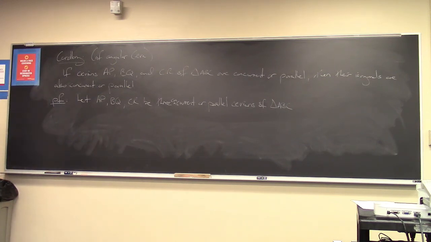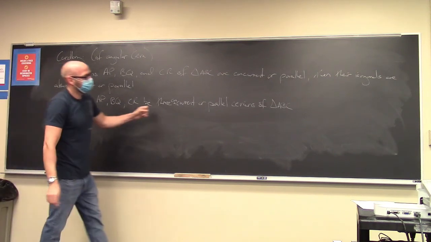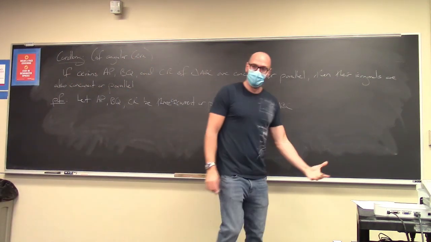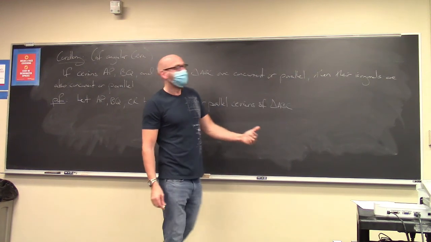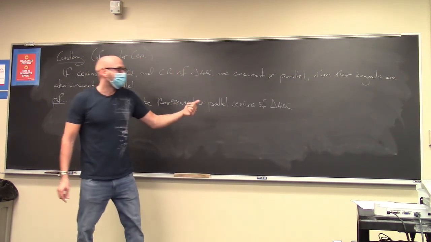What do I know by Angular-Cheva theorem? If they're concurrent or parallel, then the angular Chevian product must equal 1, and an odd number of them must be interior. Okay?